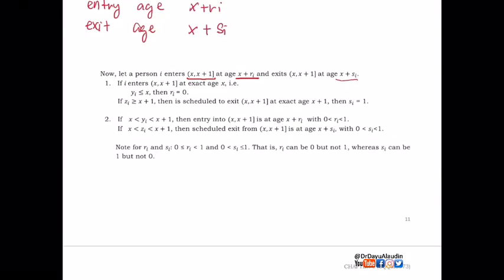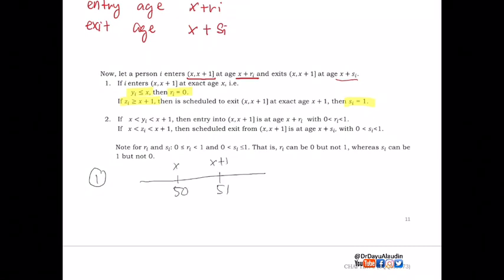We have two cases here. The first case: if yi is less than x, ri is equal to 0, and if zi is greater than or equal to x plus 1, si is 1. So if we draw the timeline, for the first case, let's say the interval estimate is 50 to 51.